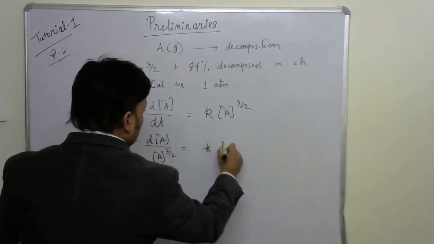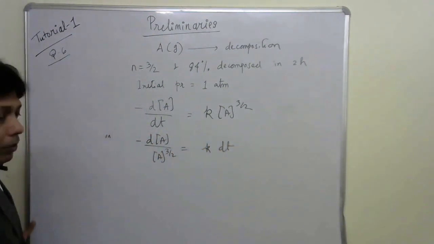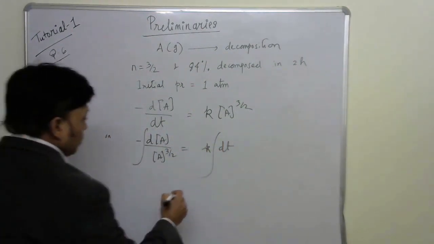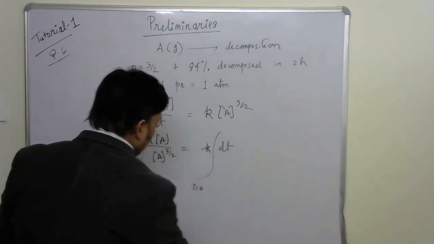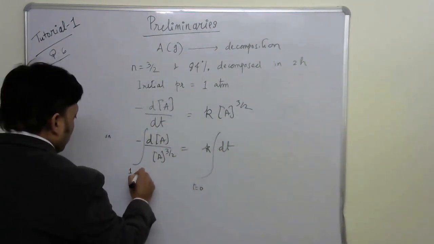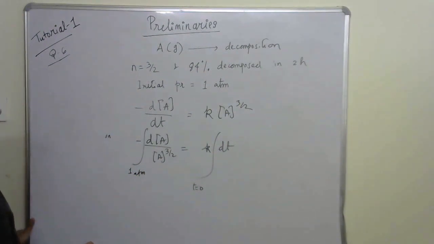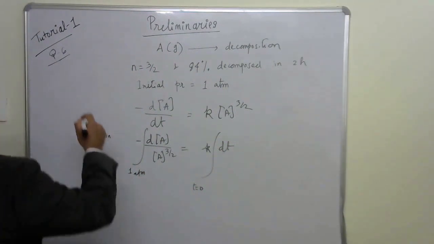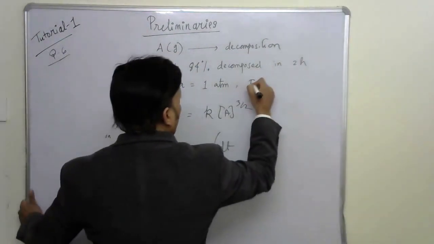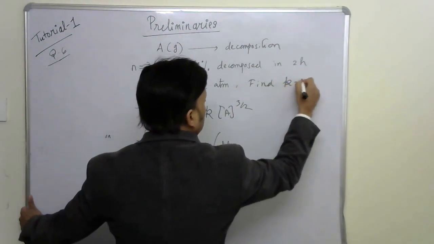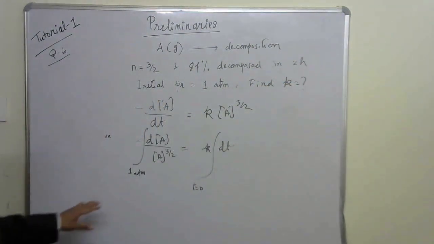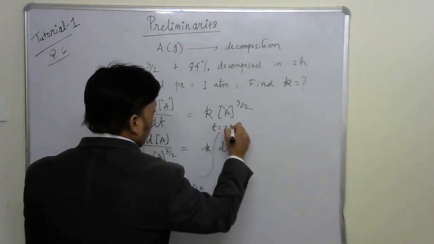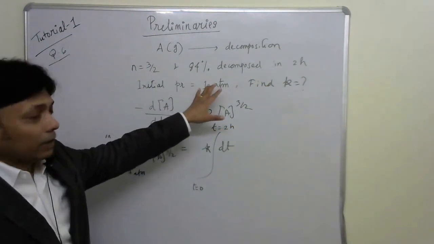Now we have to integrate that, but remember, at t equals 0, the pressure of the gas was 1 atmosphere, and the question asks us to find the rate constant K. At time t equals 0, the pressure was 1 atmosphere, and at t equals 2 hours, 84% of the gas is decomposed.